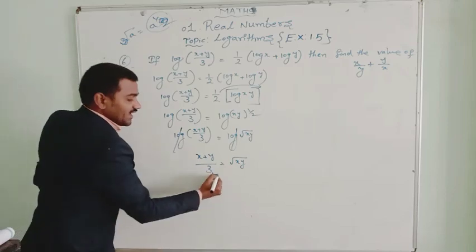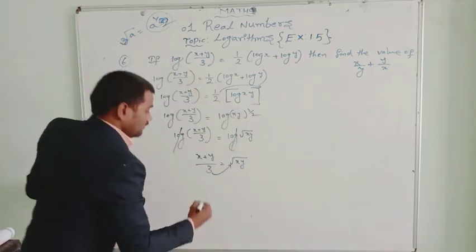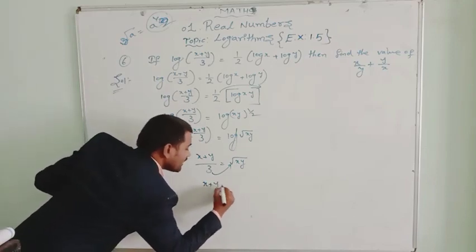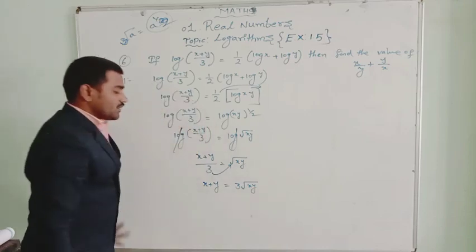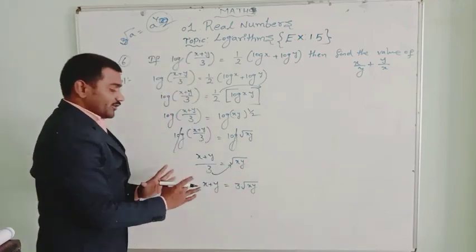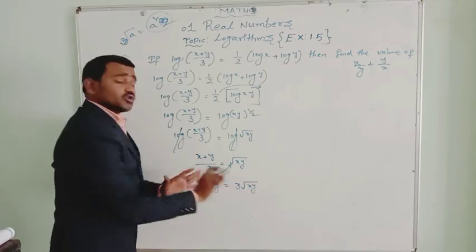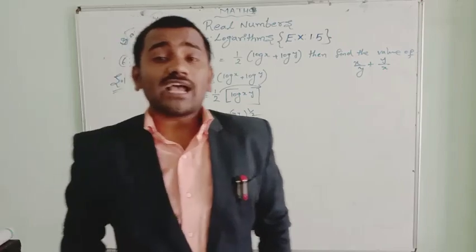Now this 3 is dividing this side, so let's transpose it to the RHS. It becomes multiplication, so x plus y equals 3 times the square root of xy. Now we need to prove that, so this square root should not be there. We need to cancel the square root. How can you cancel the square root?